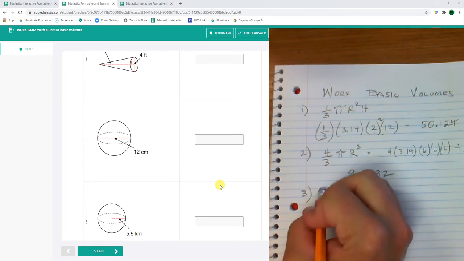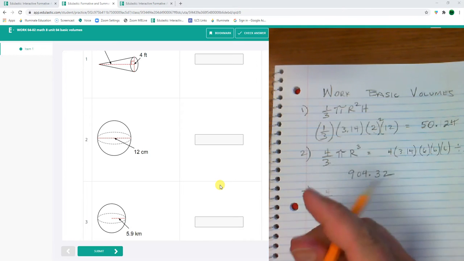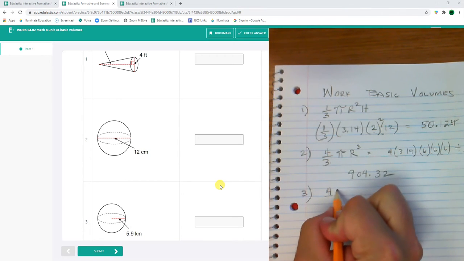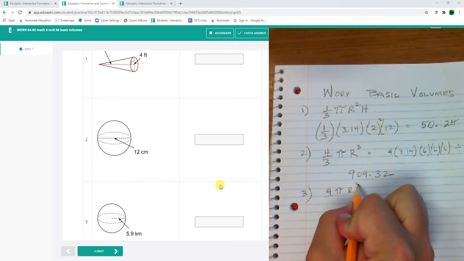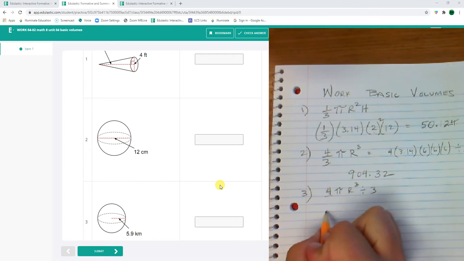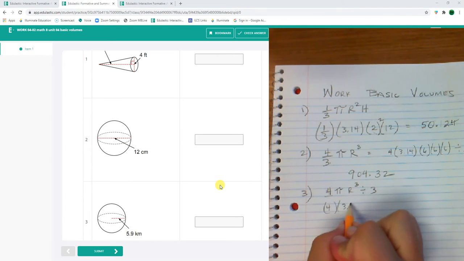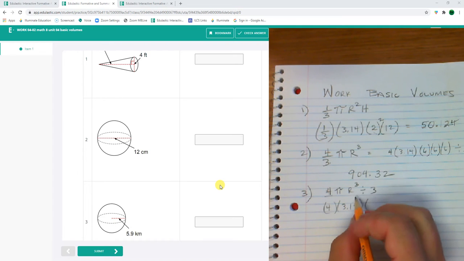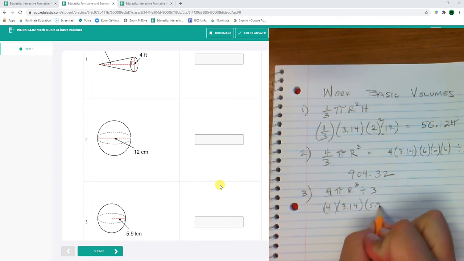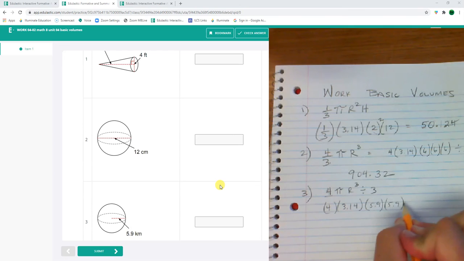Actually, I think the way I probably teach this in class is going to be 4 pi r to the third divided by 3. Okay, so 4 times 3.14 times the radius, which is 5.9, 5.9, 5.9, and then I'll divide that by 3.